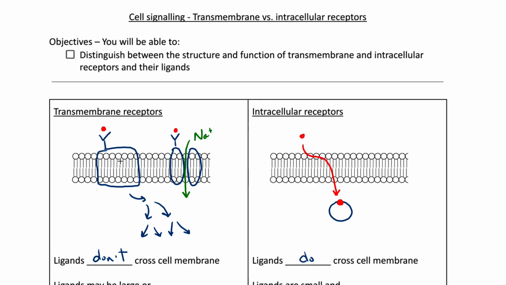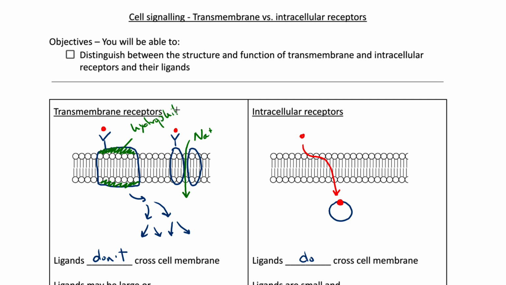Just a note about the structure of transmembrane receptors in terms of their amino acids. In order to span the membrane like this, the parts that stick into the watery aqueous solution inside and outside the cell are going to have hydrophilic amino acids predominant.